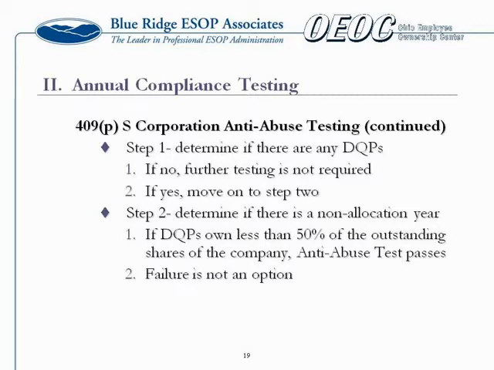We have found with a lot of new ESOPs, the various practitioners, the people putting the deal together, require a 409(p) test before the transaction. So we, and I'm sure other firms, can run that ahead of time before a transaction, just to make sure it's not going to cause a problem.